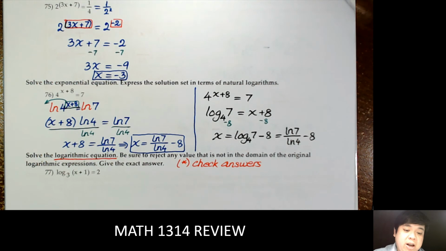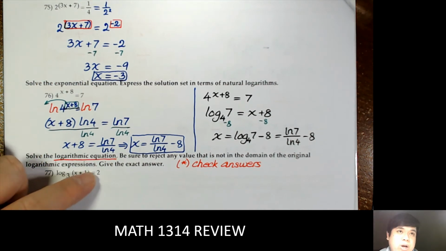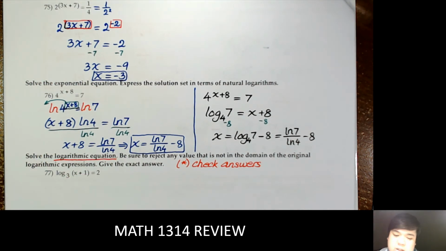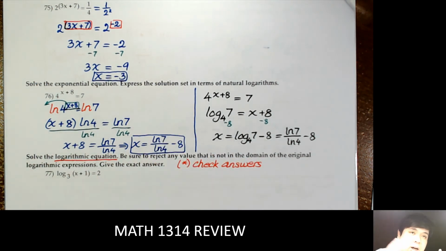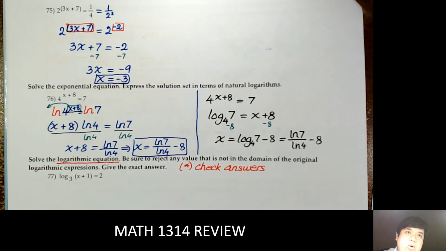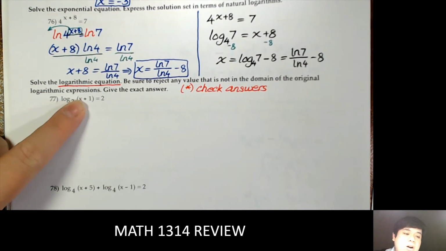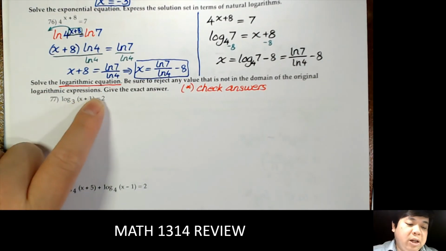But the first one is very simple. We have log equal to number. On this one, we have the log of something equal to a number.